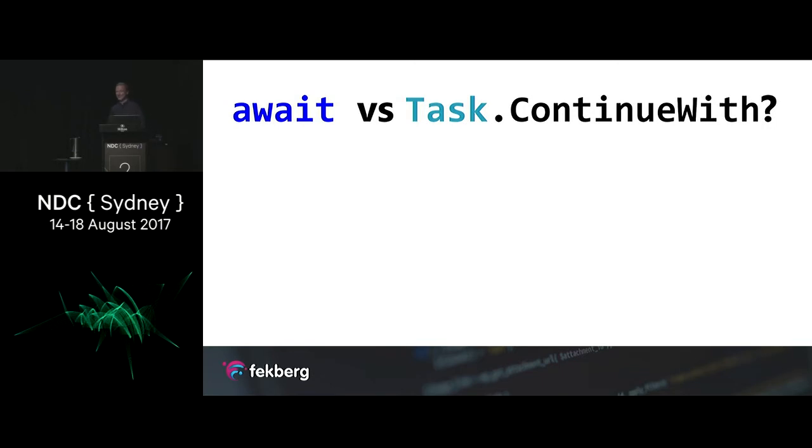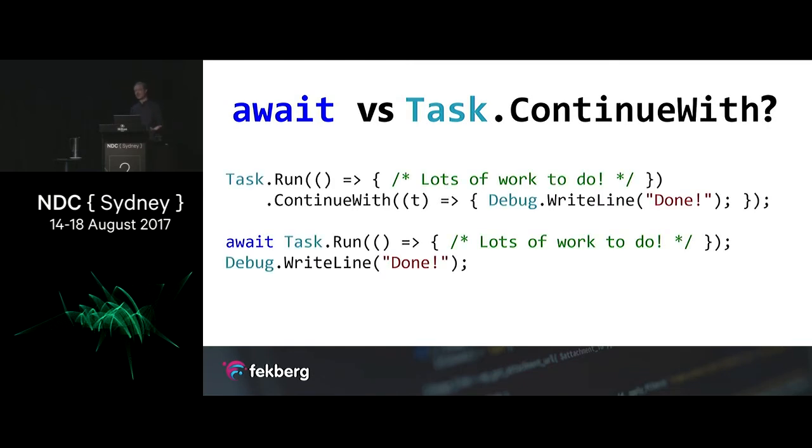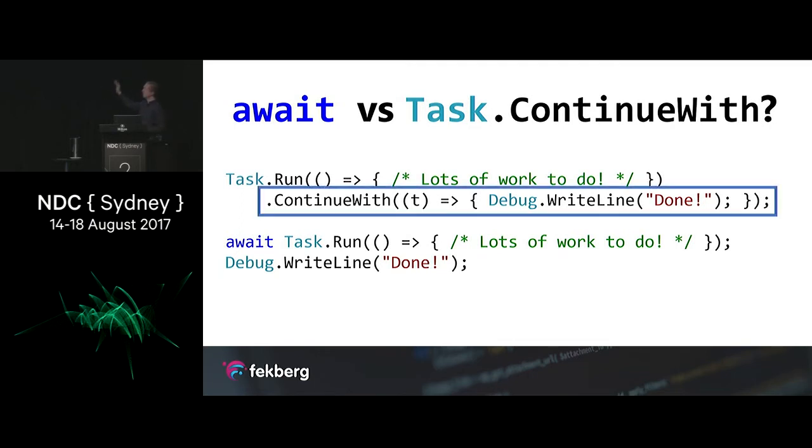All right. So what's the difference between doing await versus something like task.ContinueWith? Besides the obvious thing that it looks better, it also makes sure that we execute the code after the continuation on the same context. So with the ContinueWith here, we actually run the continuation on a different context. It doesn't necessarily mean that we're on the same thread that we did our asynchronous operation on, and it doesn't mean that we're on the UI thread.